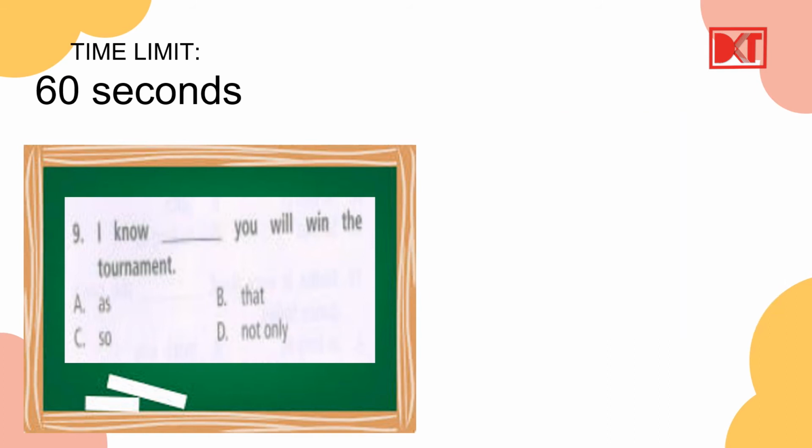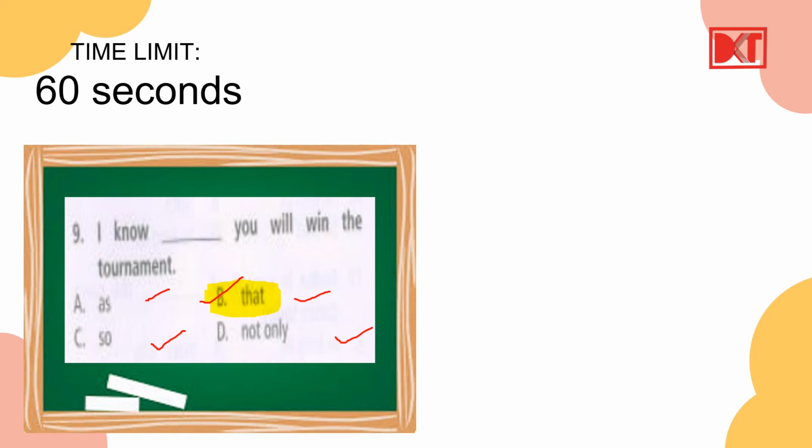Okay, here. I know that you will win the tournament. A. As you will win the tournament, B. That you will win the tournament, C. So you will win the tournament, or D. Not only you will win the tournament. Here the correct answer is B. I know that you will win the tournament. Alright, pretty sure you've understood this one. Now you're talking about something that you already know, just giving out a statement.